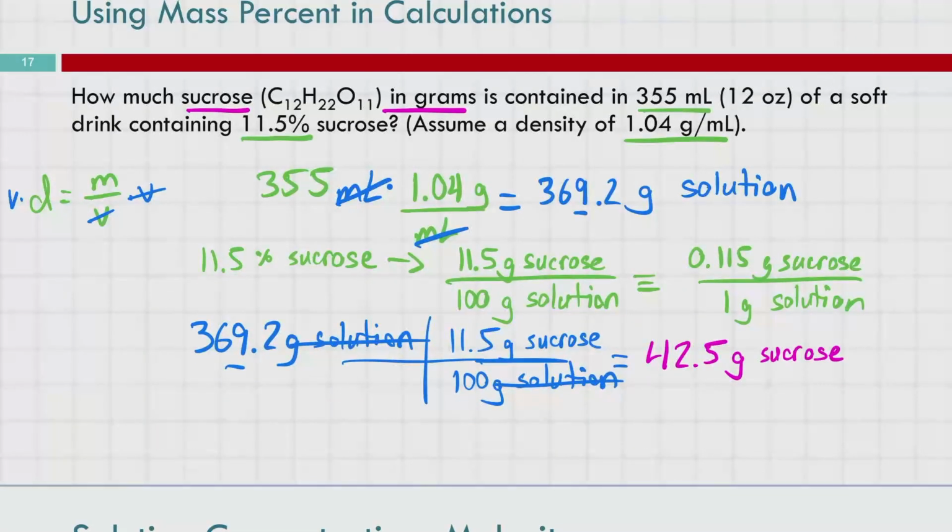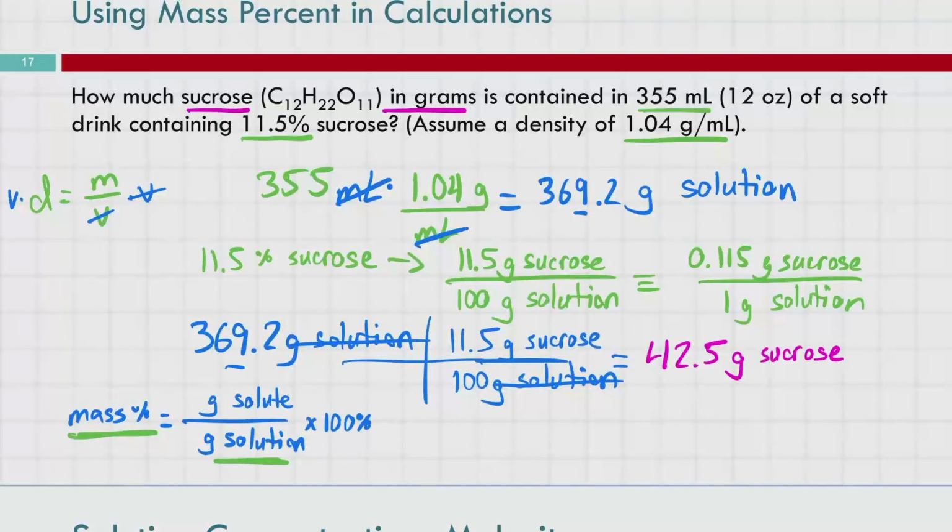There is another way that we can do this if you've got the mass percent formula. You can also plug in mass percent, that's the 11.5%, and the grams of solution to find the grams of solute.